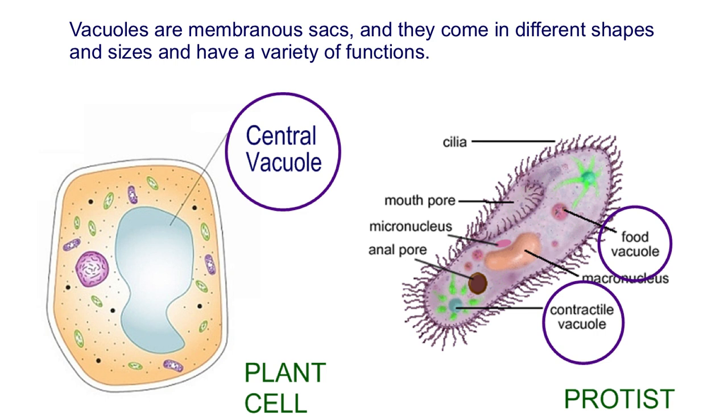A vacuole can also be found in a paramecium, which is a protist, a protozoan, in kingdom Protista. And what that is right here, it's called a contractile vacuole.